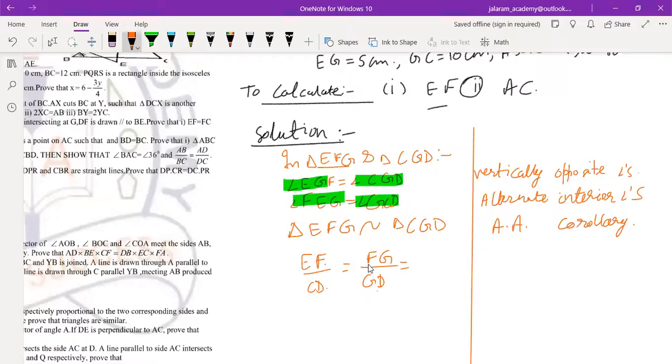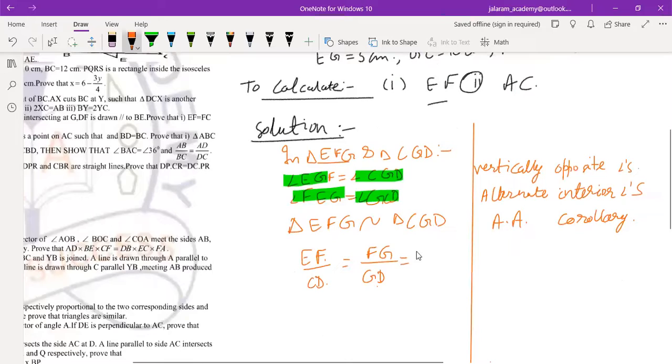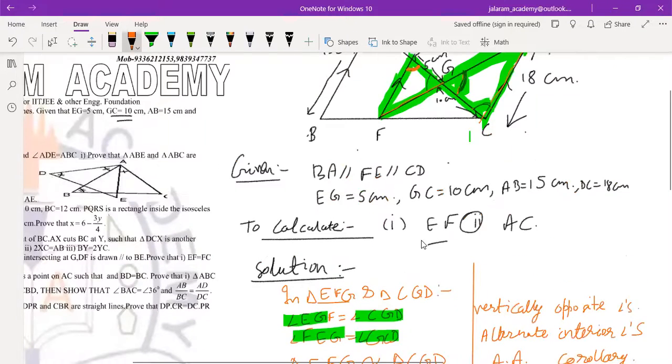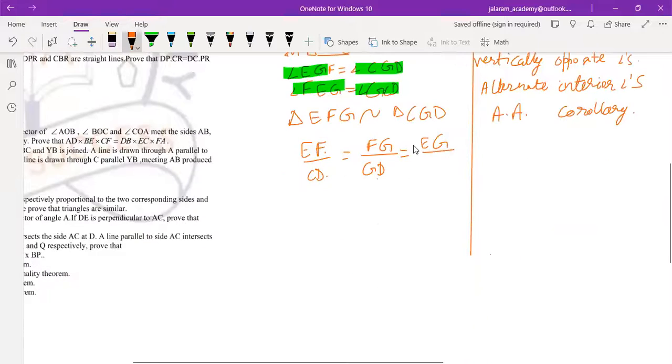So EF and FG of triangle EFG are already written. The third side after EF and FG is EG. EF is the first side, FG is the second side, EG is the third side. And CD, GD are the two sides. So if you cut this D and D, it is CG. CG is the third side, and the reason for this is SS criteria.